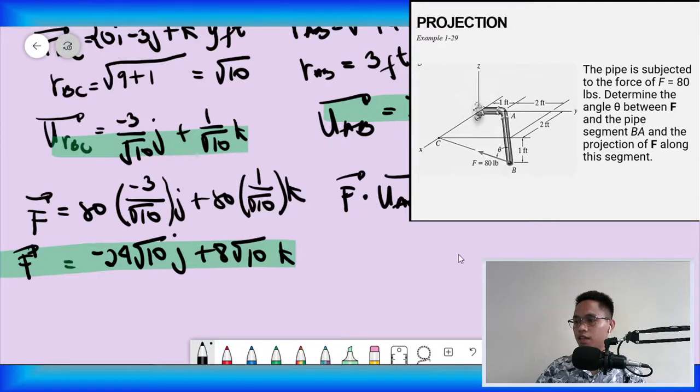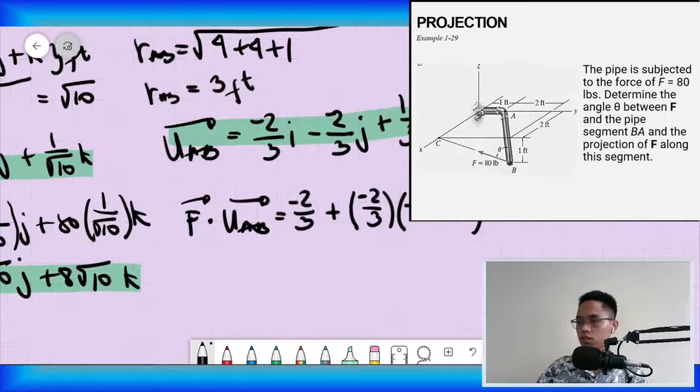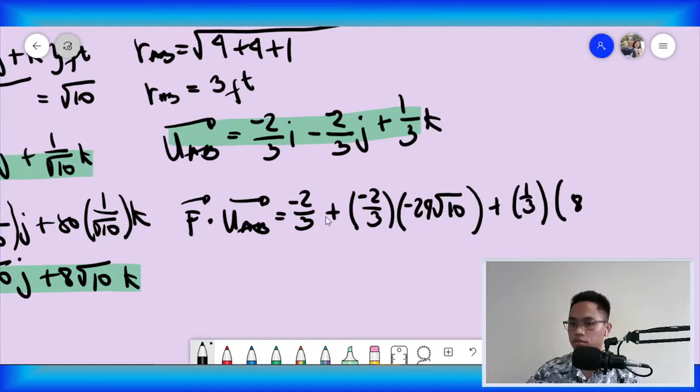Then, lastly is the k components, that's 1 over 3 times 8 square root of 10. Okay, that's negative 2 over 3 times negative 24 square root of 10 plus 1/3 times 8 square root of 10.